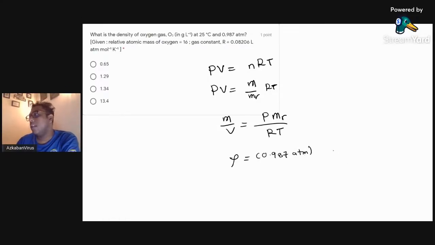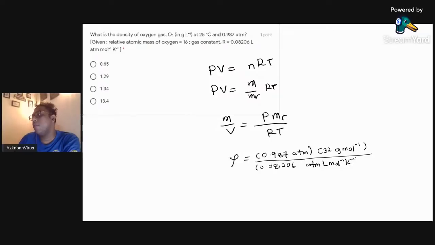Molar mass kita oxygen gas which is 32 gram per mole bahagi dengan 0.08206 atm liter mole negative 1 K negative 1. Darab temperature kita adalah 298 Kelvin.